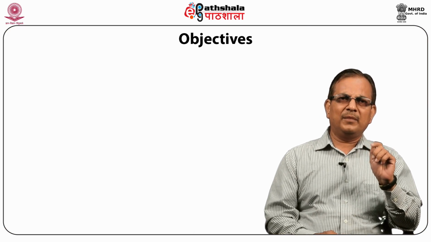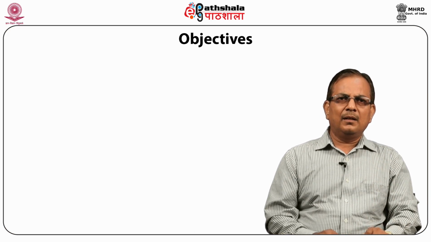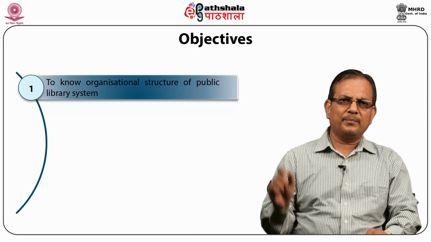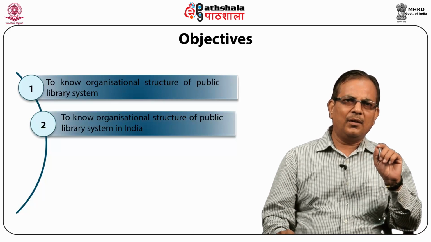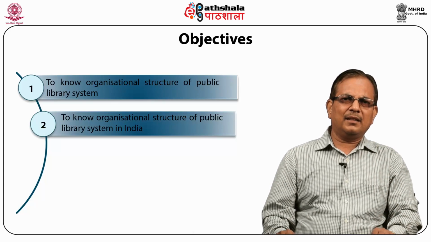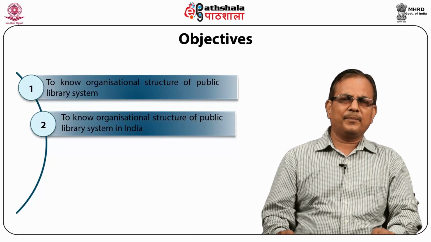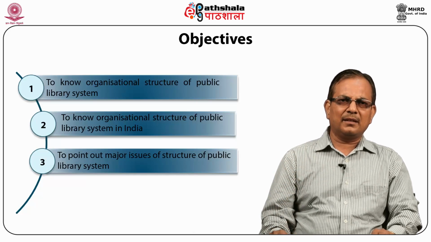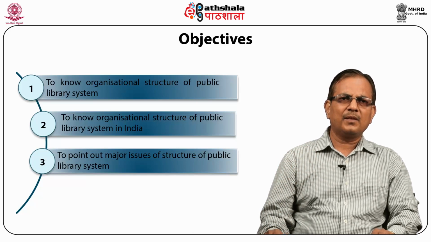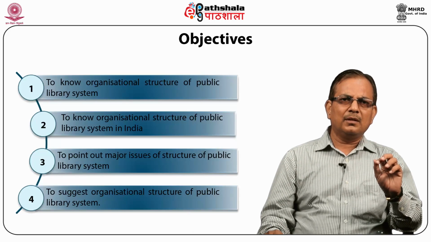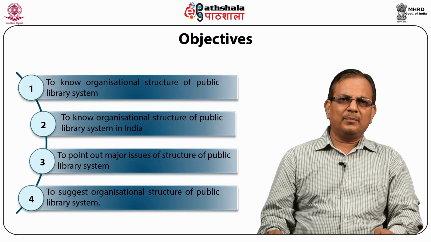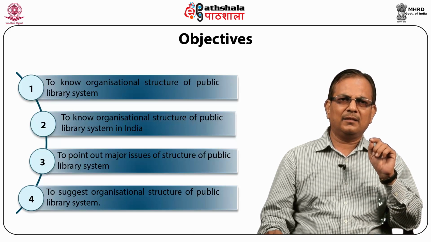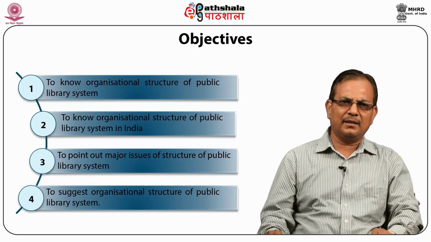Following are the objectives of this module: to know the organizational structure of public library system, to know the organizational structure of public library system in India, to point out major issues of structure of public library system, and to know the organizational structure of public library system as well as to suggest an organizational structure for public library system in India.